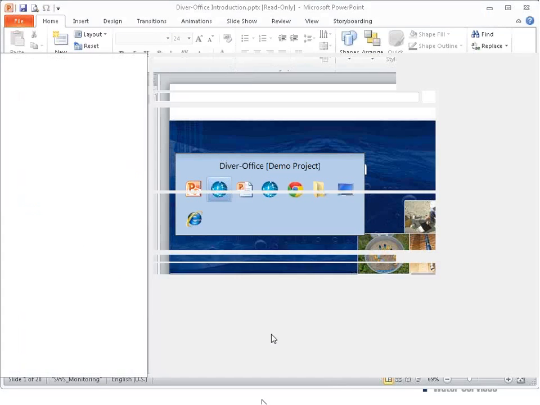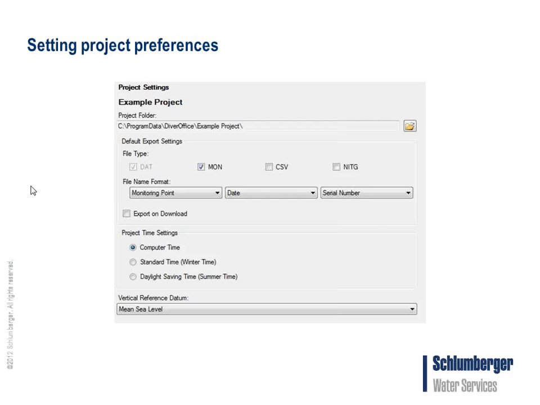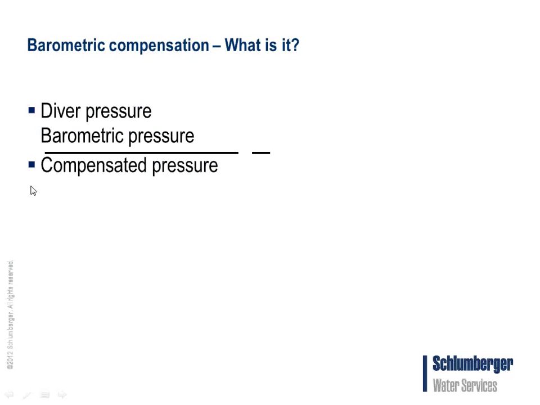So going back to the presentation. The next thing is barometric compensation, and in its simplest form it is subtracting the barometric pressure from the diver pressure, and that results in a compensated pressure.